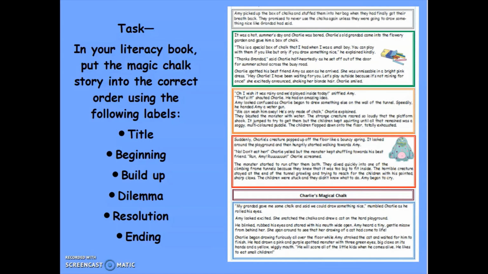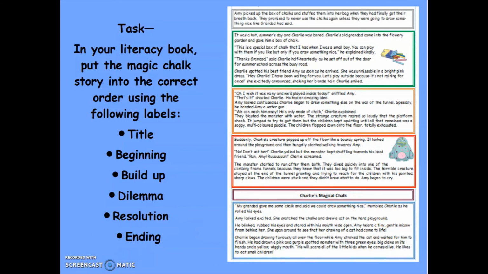When you have decided which part you think the beginning is, you would look to try and find the build-up, which should include some hints about what's going to happen next. The dilemma, what is the problem that happens? The resolution, how is the problem solved? And then the ending, what will the characters do next?